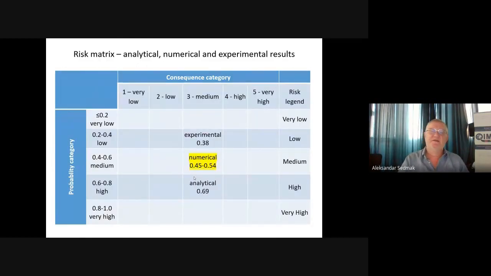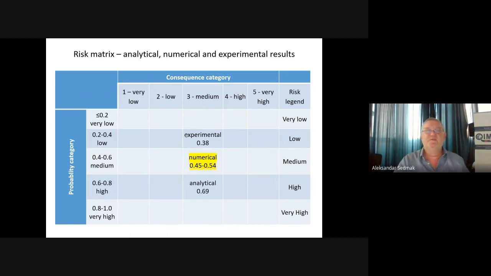This is the main message from case study 3. So analytical assessment gives risk at a level of 69%. Numerical goes from 45 to 54 and experimental to 38.